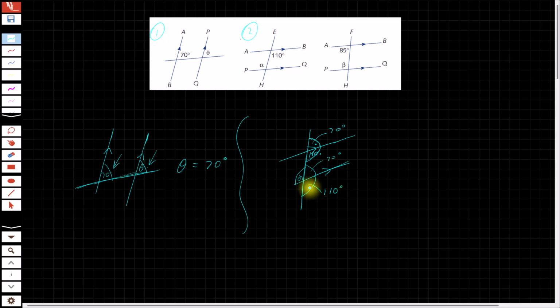We also know that this angle here is exactly the same as this angle here. When we have two lines intersecting like this, this angle is the same as this angle, and this angle is the same as this angle. So opposite angles are equal. So in this case, alpha equals 110 degrees.